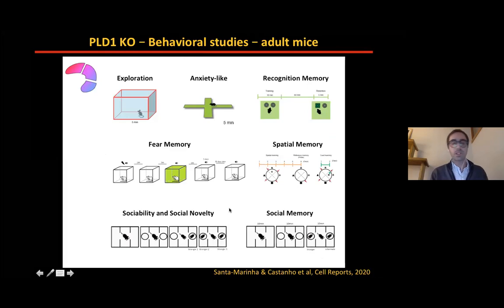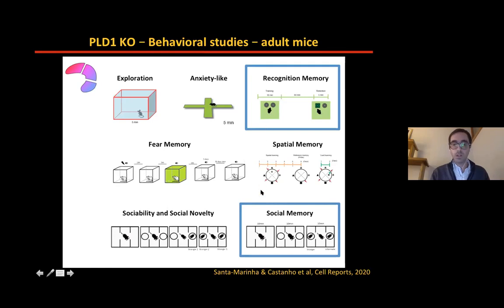And our first approach here was to perform an array of different behaviors that at least partially rely on the hippocampus. While I'm not going to go through them all for the sake of time, I'm going to focus more on the ones where we actually saw differences.